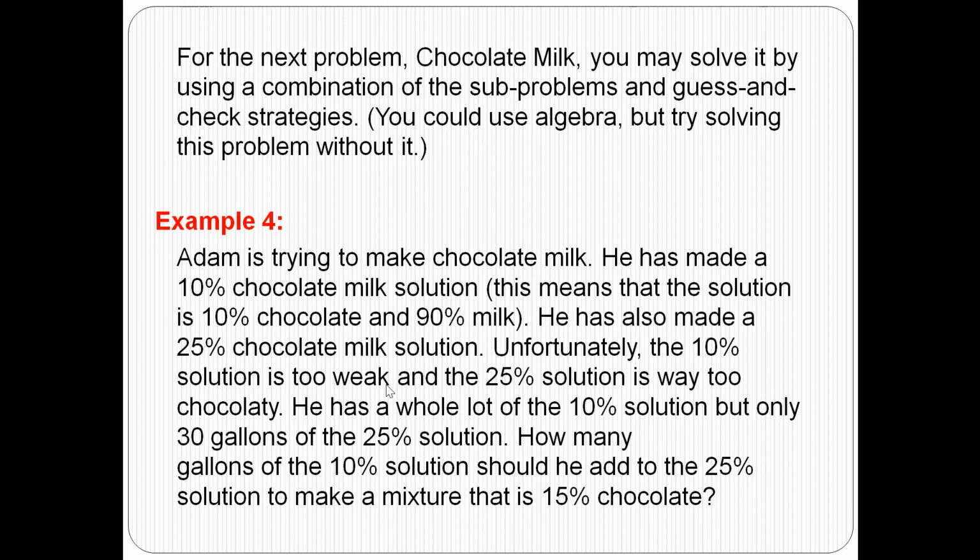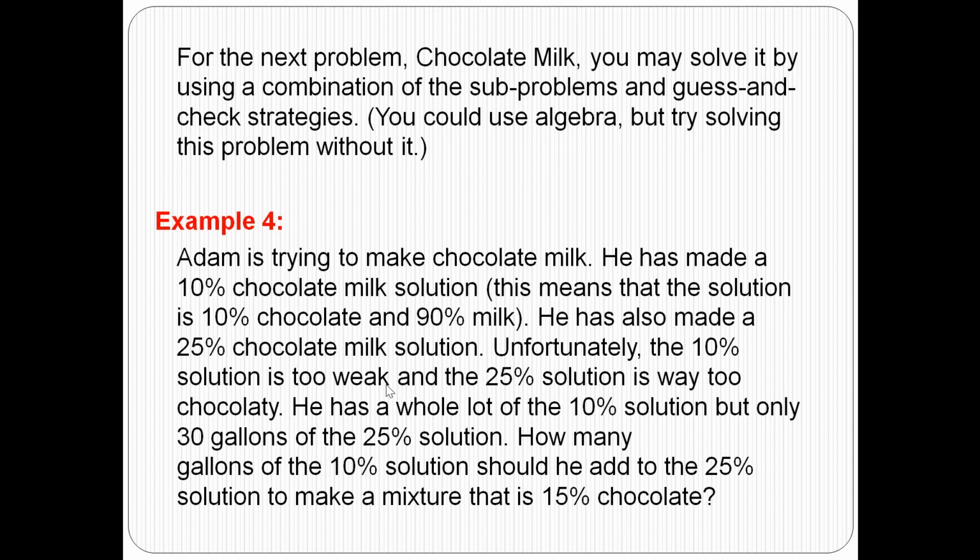He has a whole lot of 10% solution, but only 30 gallons of the 25% solution. How many gallons of the 10% solution should he add to the 25% solution to make a mixture that is 15% chocolate?